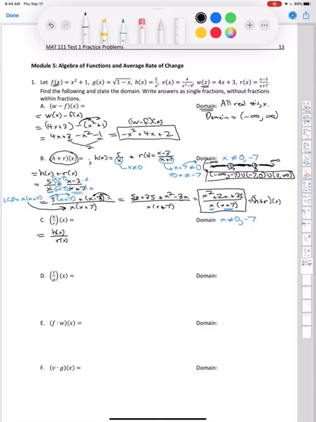So we're going to divide these functions. So we're going to take h, which is 5 over x, and we're going to divide it by x minus 3 over x plus 7. Now we got to simplify that.